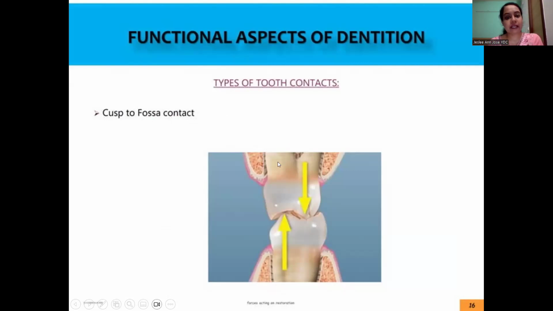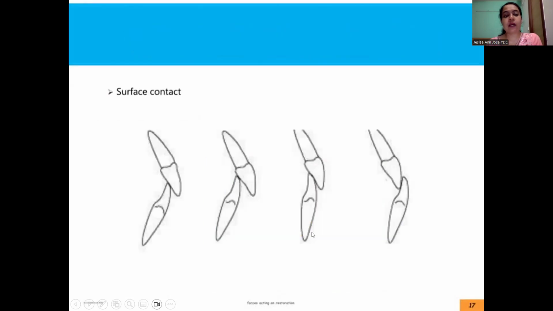There are various kinds of tooth contact. The basic contact is the cusp to fossa contact. Whenever the maxillary arch occludes onto the mandibular arch, the cusp tip of the maxillary tooth occludes onto the fossa of the mandibular tooth.